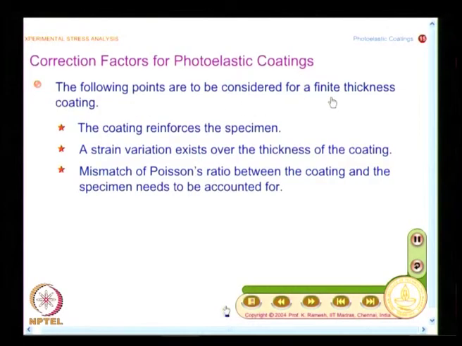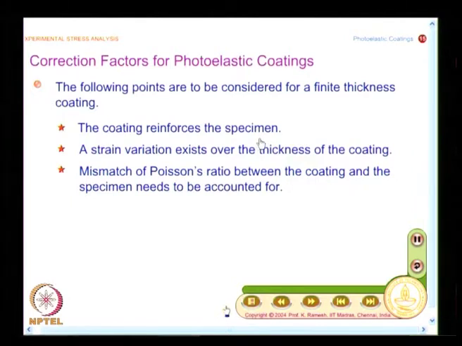But in the case of photoelastic coating, I have already said coatings of the order of 3 millimeters are not uncommon. So, you are handling a coating which has a finite thickness. So, when you look at finite thickness, you should also look at whether the coating reinforces the specimen significantly.